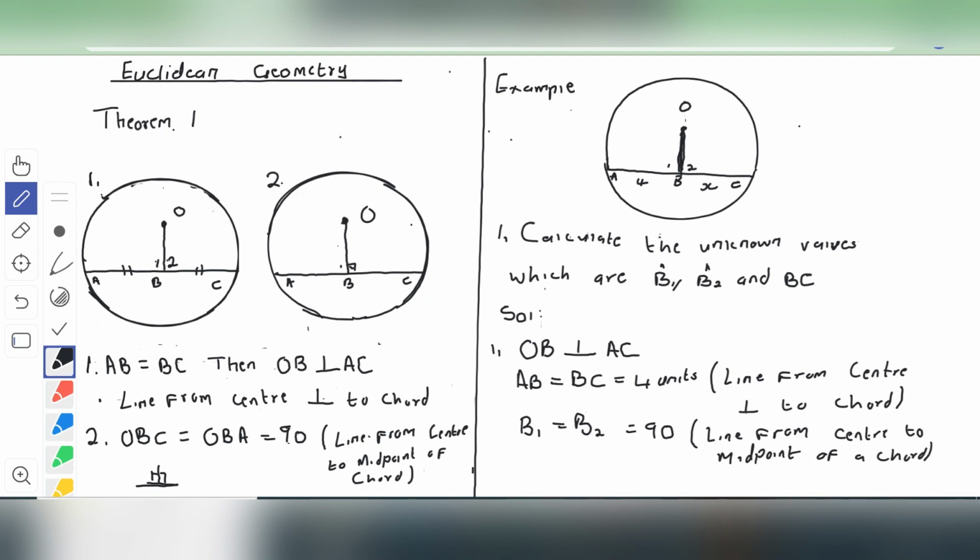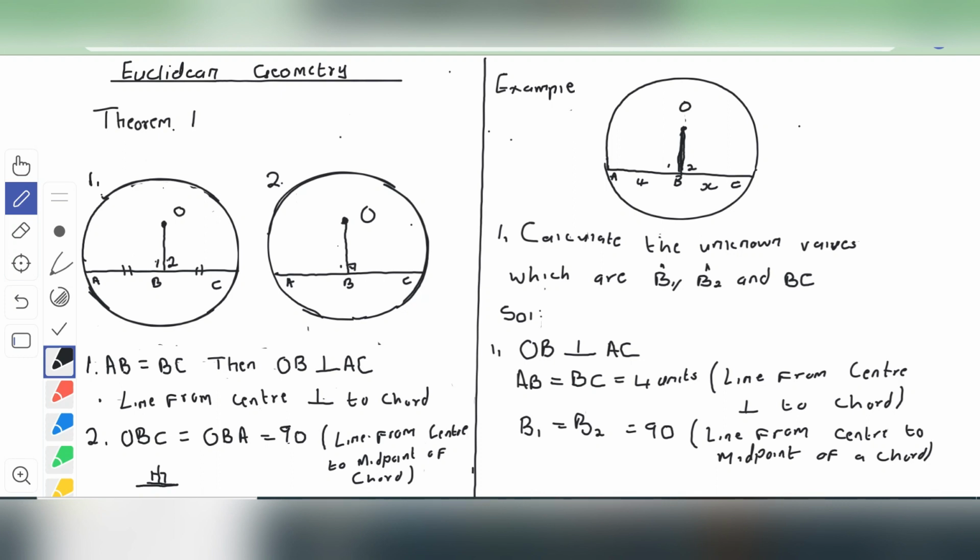Then we are done. So guys, from that example we did, I just wanted to show you that you'll be given a diagram, and sometimes you're not going to be told that the line OP bisects the chord, or the line drawn from the center bisects the chord. So you need to check those things from theorem 1. Meaning you're going to check, do I have the center? Yes, I do have the center. Is it that the line OP from the center bisects the chord?